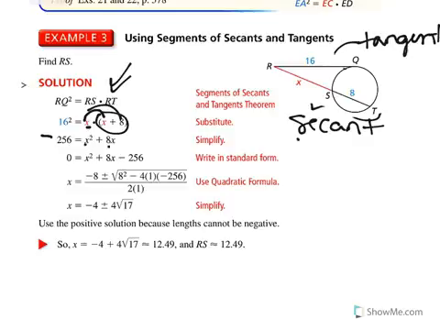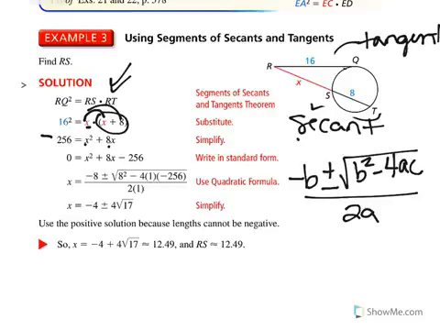plus 8x. If you get everything to one side, what you can do is factor, but in this case you have to use the quadratic formula, and for those of you who can't remember, it's negative b plus or minus the square root of b squared minus 4ac divided by 2a.